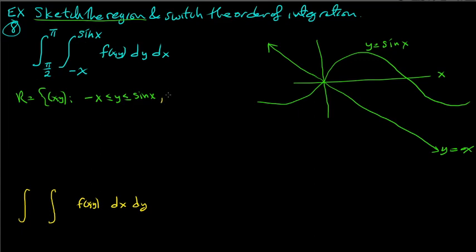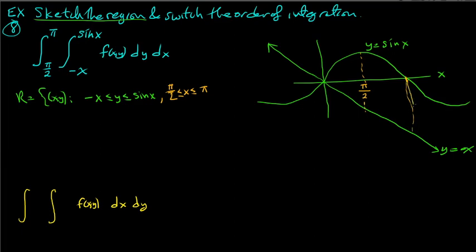So x is going from pi over 2 to pi. So pi over 2 is right here. That's not clear, is it? Pi over 2. Yep. And then pi, sine of pi is 0, so that's right here.